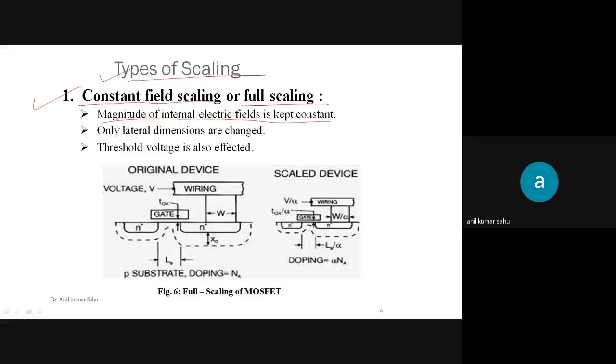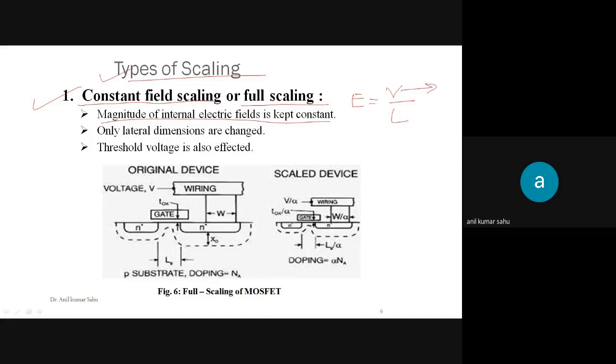Only the lateral dimensions are changed. You know that the electric field depends upon the voltage and the distance. It is the voltage upon distance. So here we have to change the voltage.